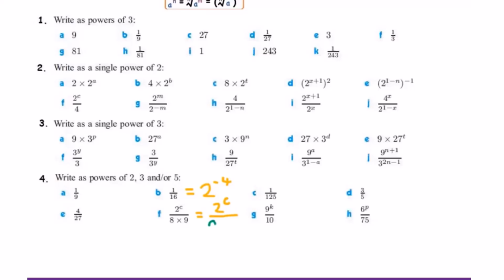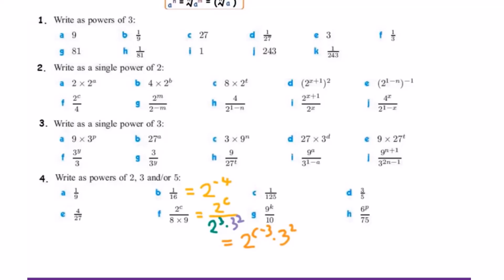And 8 will be 2 to the 3rd power. 9, I can write 3 squared. After we do the operation with the same base, you get 2 to the c minus 3rd power. Then multiply by 3 squared. Remember, if it's not the same base, you cannot do the operation.